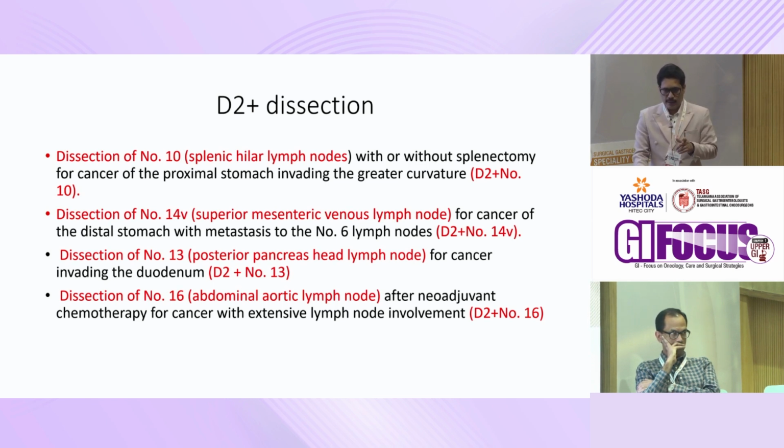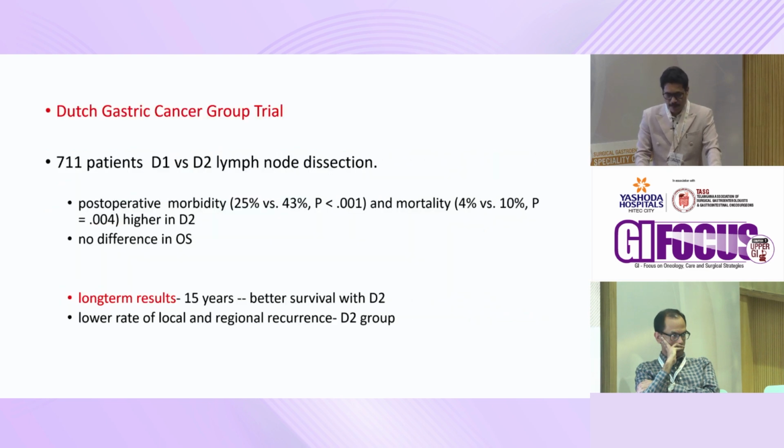So not necessarily a T4, but a T3 lesion with good lymph node clearance might require an additional organ resection, in these locally advanced gastric cancers. So level 16 should also be considered after a neoadjuvant chemotherapy as part of the D2 plus lymphadenectomy.